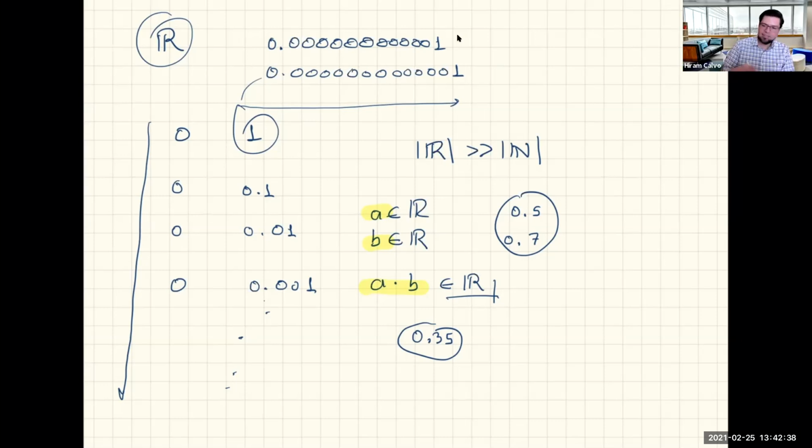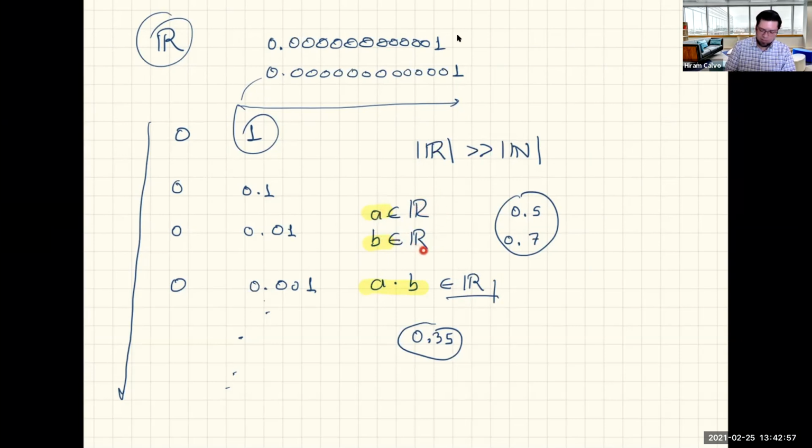Yes, and I will repeat this in Spanish because it's very important. Cuando hacemos una operación dentro de un conjunto, donde cada uno de los elementos pertenecen al mismo conjunto, nos preguntamos si el resultado va a caer dentro del mismo conjunto.